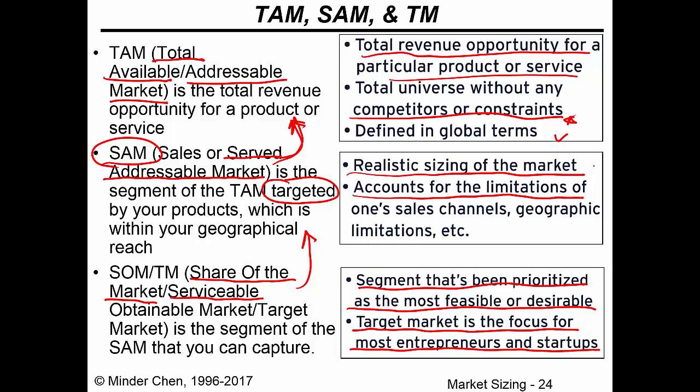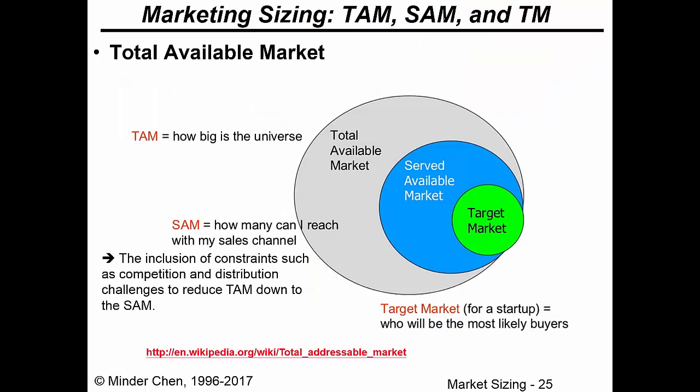So in terms of size, TAM is bigger than SAM, and SAM is usually bigger than SOM, S-O-M, or target market. Actually, this diagram here shows you the proportion of the three markets, TAM, SAM, SOM, or target market.